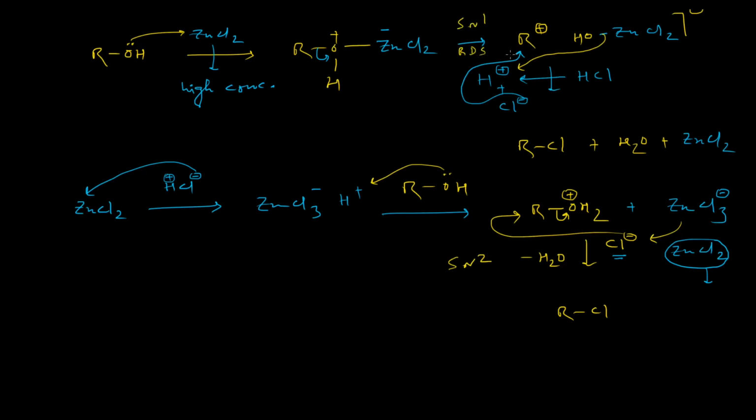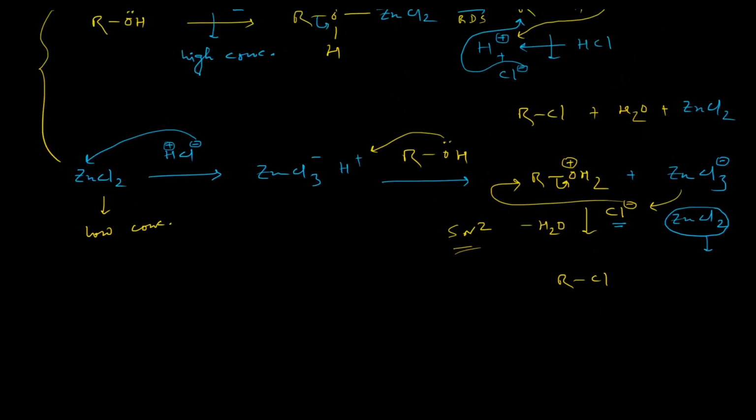SN2 is a one step pathway, that is the rate determining step. So these are the two mechanisms. Here the zinc chloride concentration is low. So depending on the concentration of zinc chloride, the mechanisms will be different.